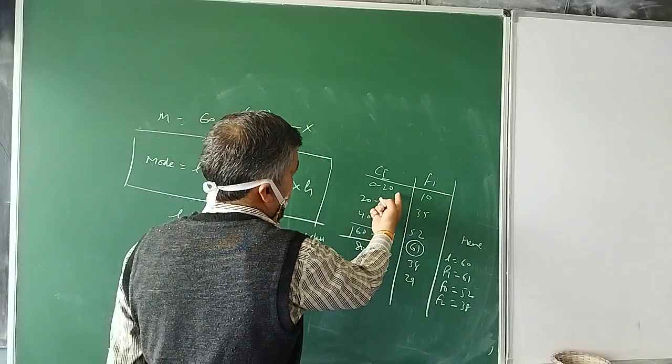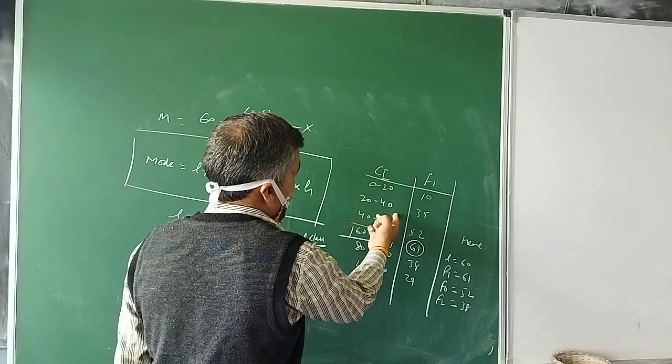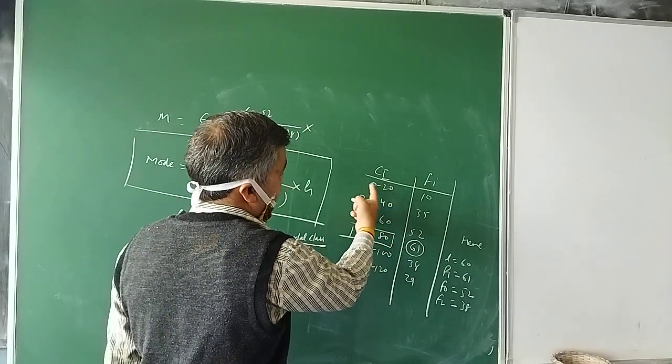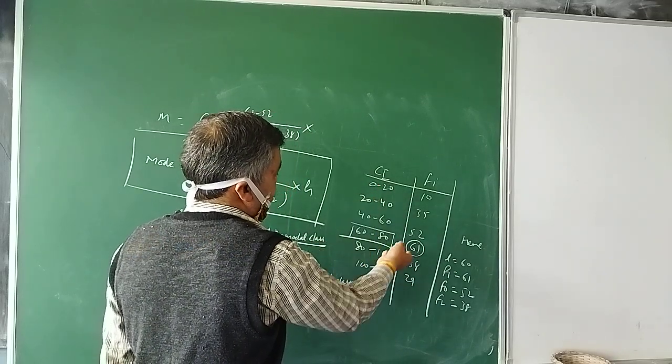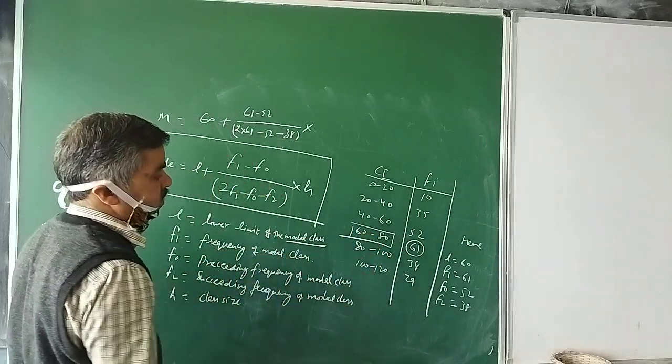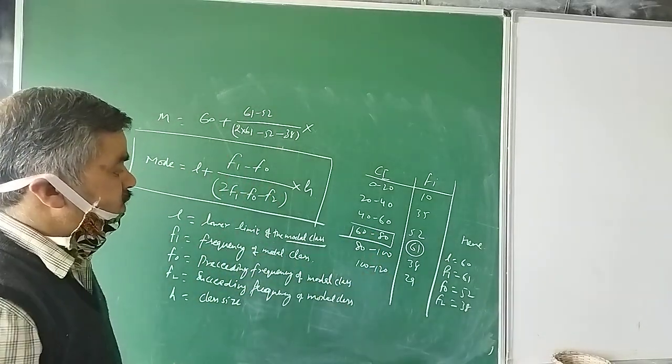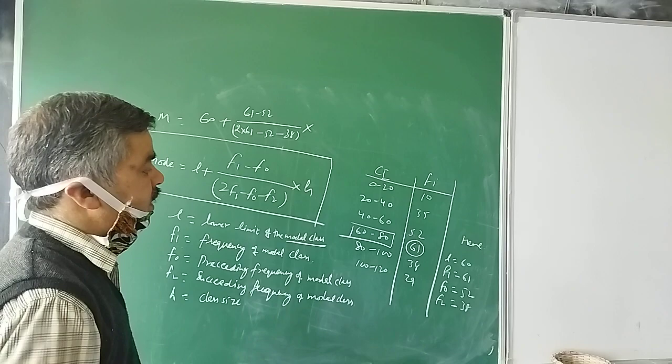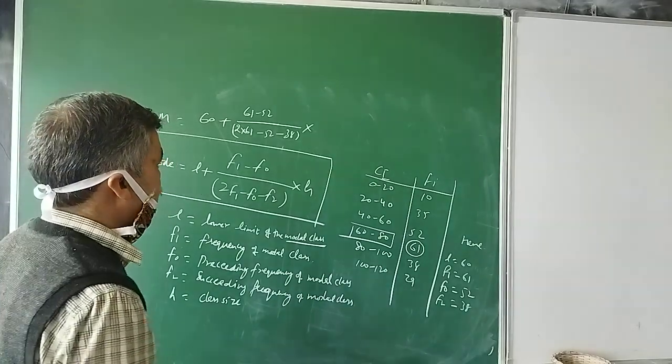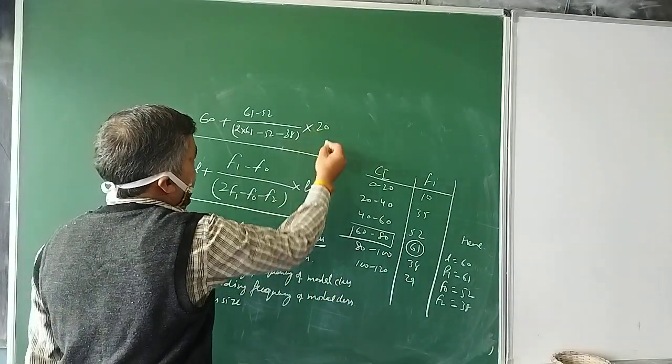The class size you can see here is 20. It is upper limit minus lower limit, or you can get it from the difference of successive class marks. But in case of exclusive data, you can count it as upper limit minus lower limit also.